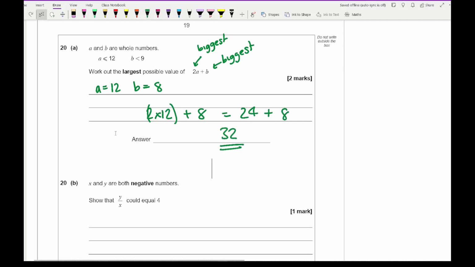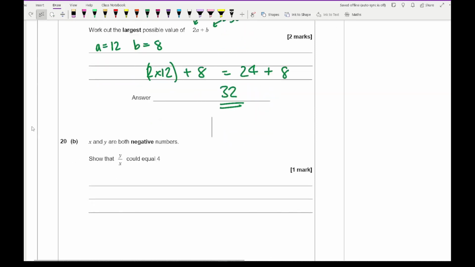Then looking at question 20b, it says x and y are both negative numbers. Show that y over x could equal 4. Well, if they're both negative numbers, in terms of the ranges given, none of these actually matter.